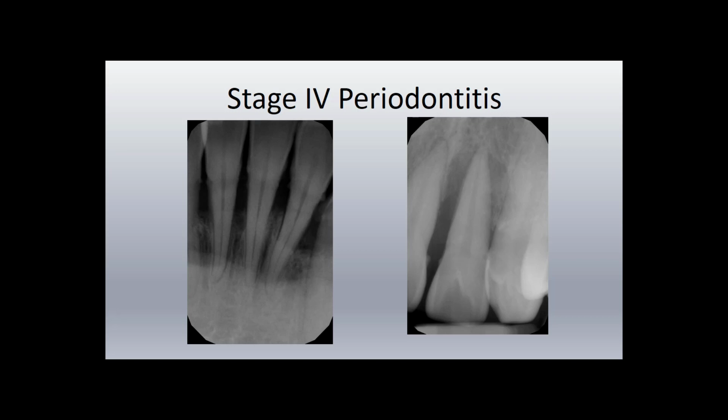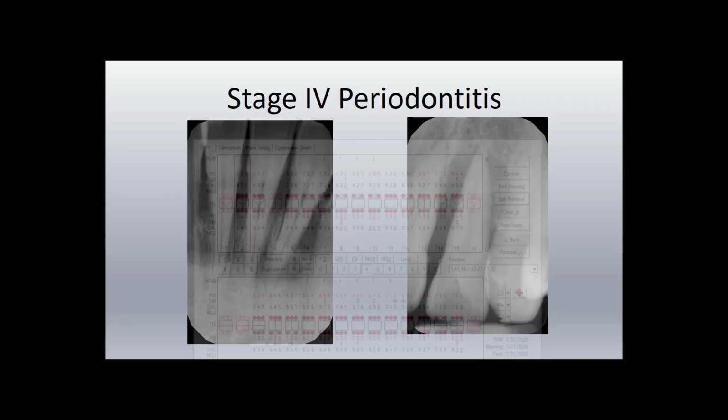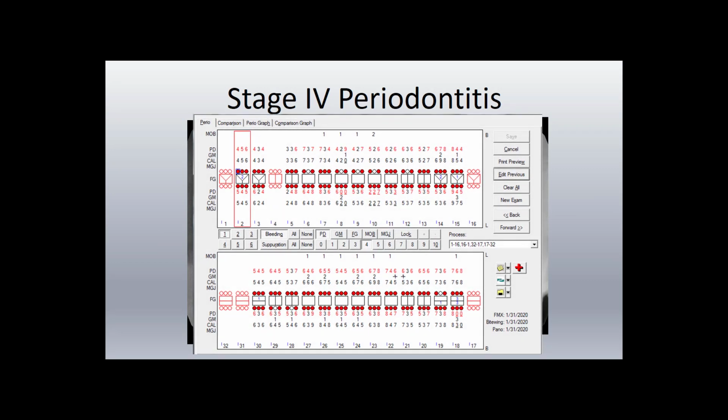This patient on that tooth actually had stage 2 mobility as well, as you can see on the periodontal charting. This patient had severe inflammation, chronic bleeding, furcation involvement, and there is a good likelihood that this patient will be losing more teeth due to severe bone loss.